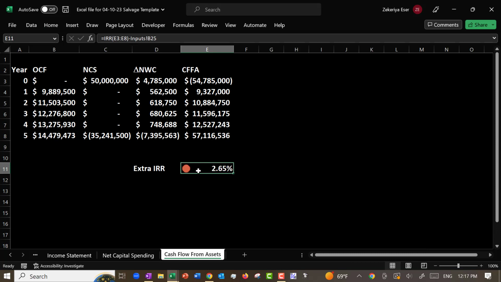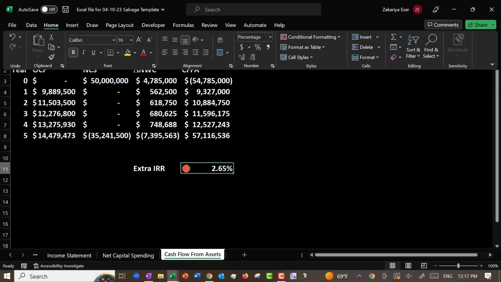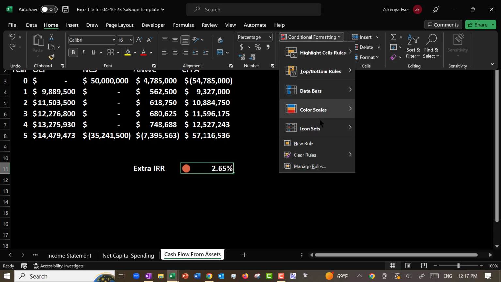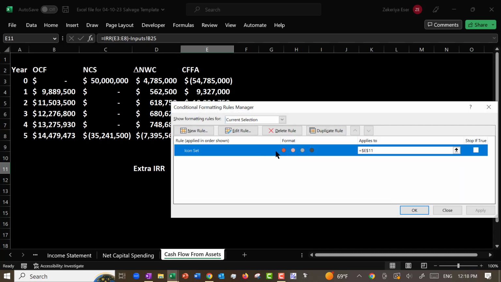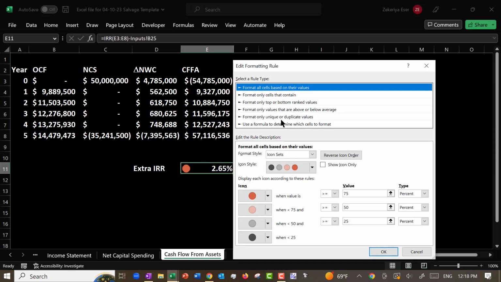Right now, it puts something arbitrary. Since I have about 10 minutes, I want to show you this, guys. Go to conditional formatting again. It's manage rules. Pick that one and edit the rule.